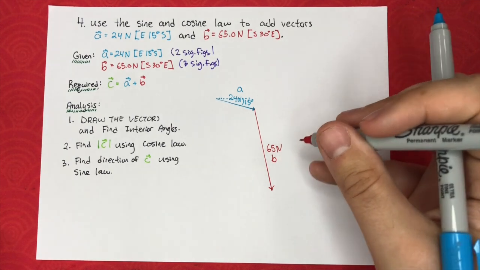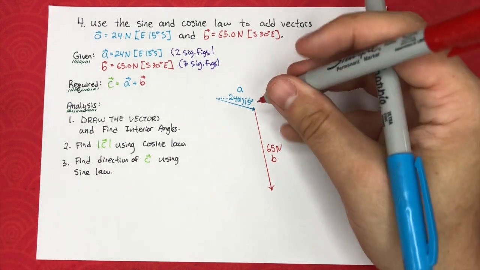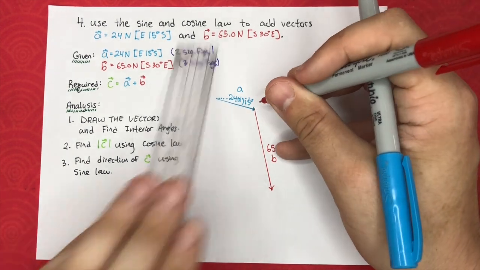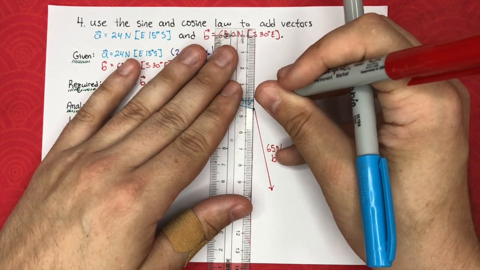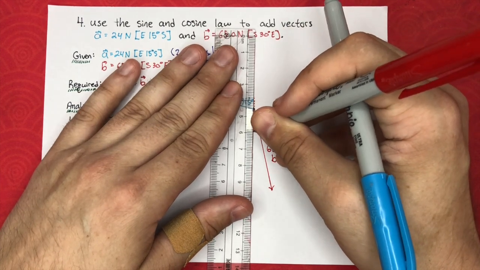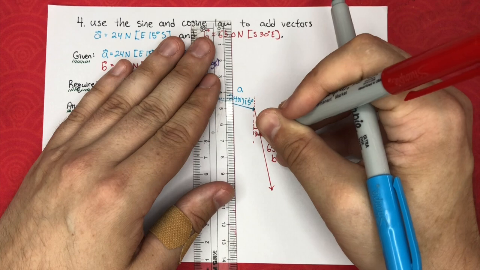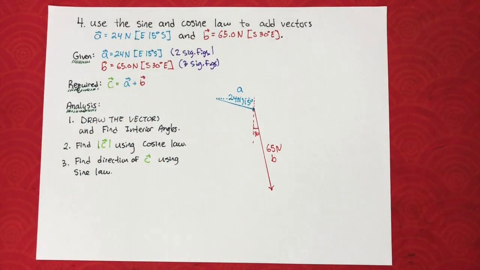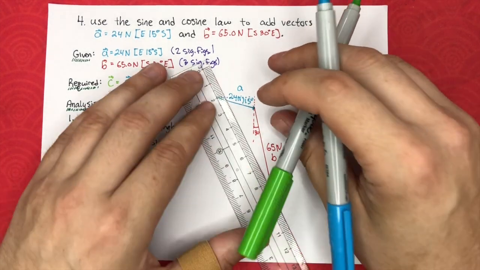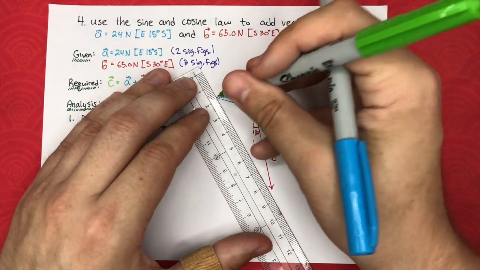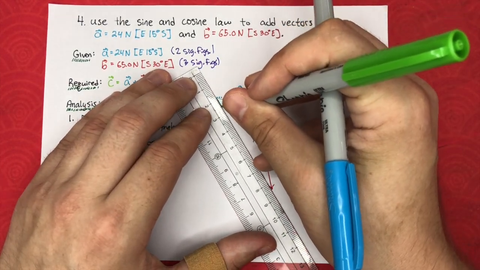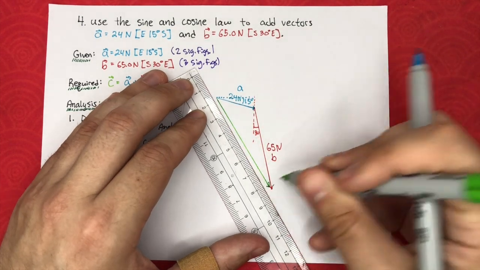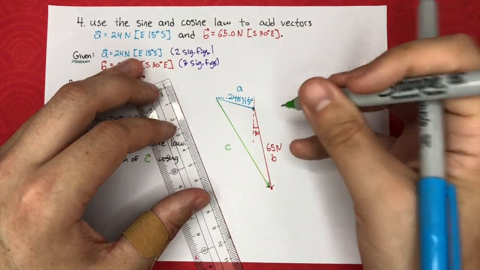That'll be the vector B. The angle from the vertical right here, if we draw a straight line, this angle right here is 30 degrees inside, okay? Next, I'm going to draw the resulting vector of the summation of A and B, and that's going to go from the A vector all the way down to the B vector, and that's going to be C.